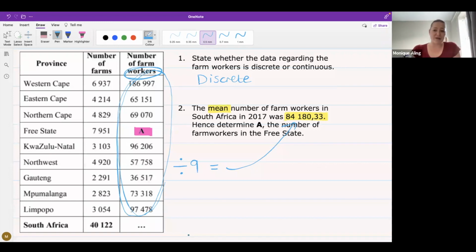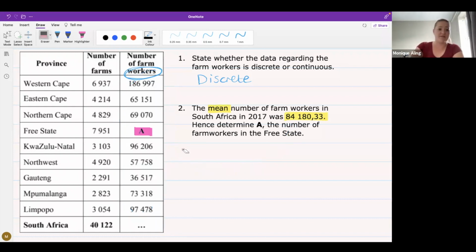So it's asked a little bit differently. Normally it's just like, boom, work out the mean, or boom, work out the average. They've given us the average, but now we're just missing one number. So let's have a look at how we do this. Okay, so when in doubt, write out the formula that you know.